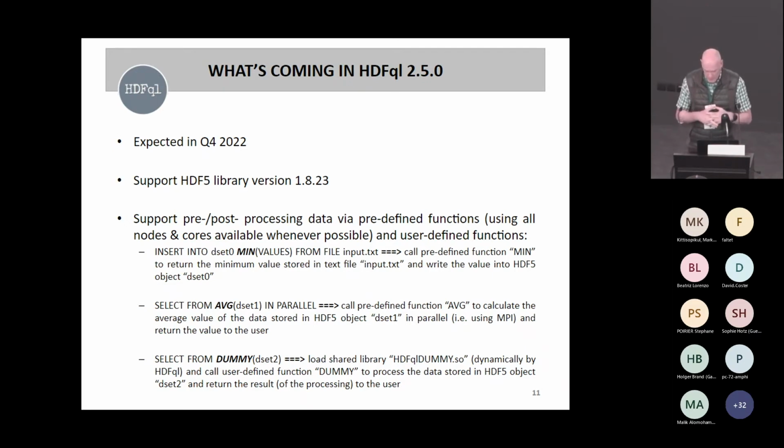But of course, it's good to support certain household aggregation functions like min, max, and average and whatnot as part of the standard distribution. But then, the naming convention that he envisions at the moment for that would be HDFql dummy.so. You can then call dummy. If you call dummy in an HDFql context, then that will look for that shared library, look for that entry point, and basically execute it on your data.